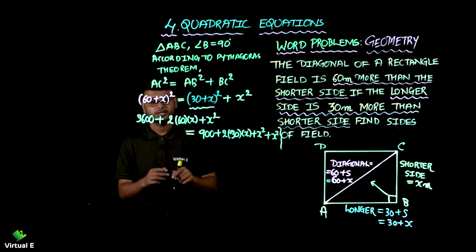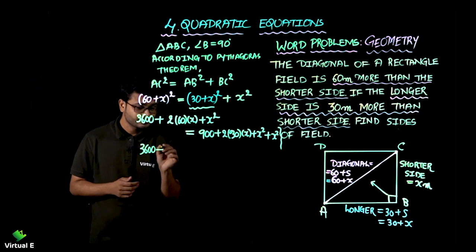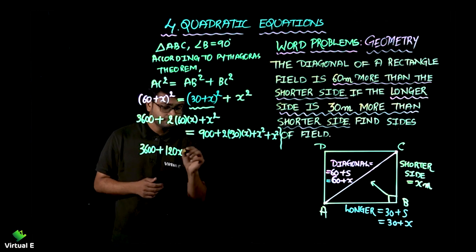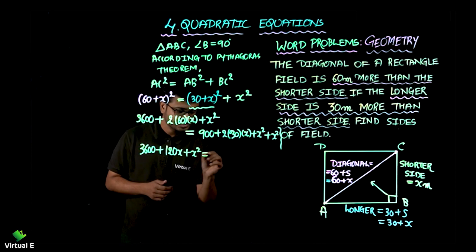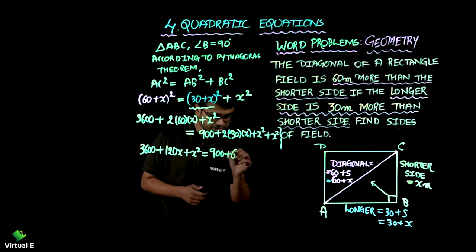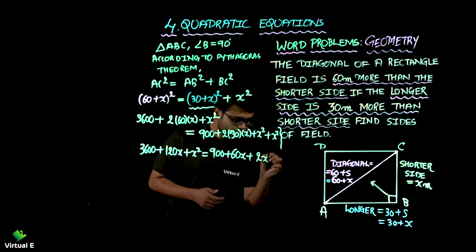Simplifying further: 3600 plus 120x plus x square is equal to 900 plus 60x plus x square and x square, that is 2x square.